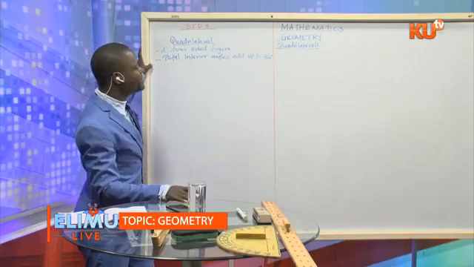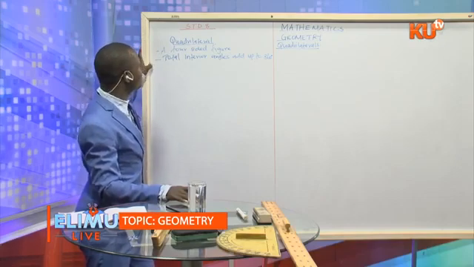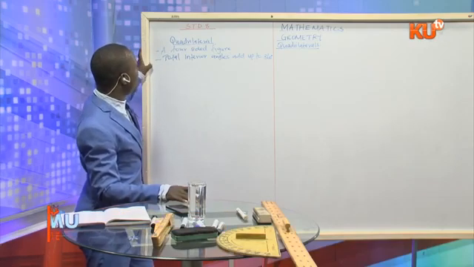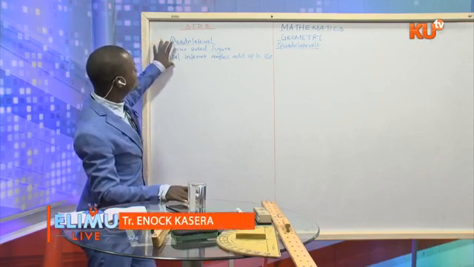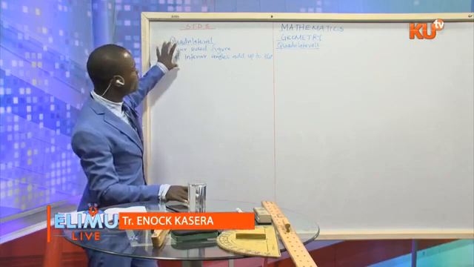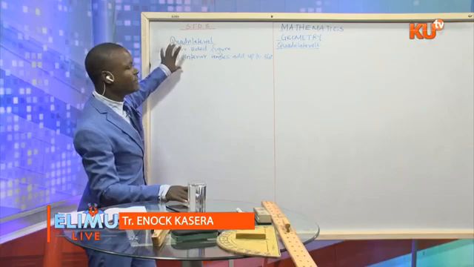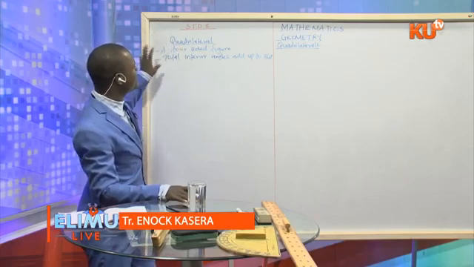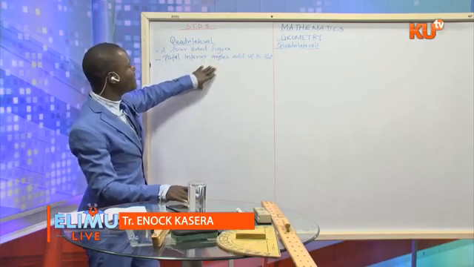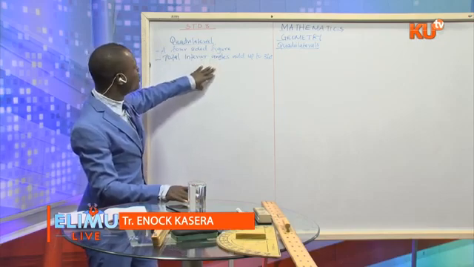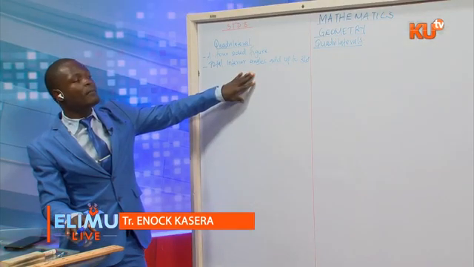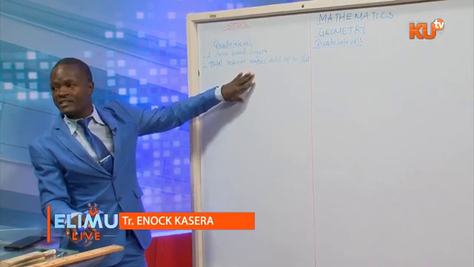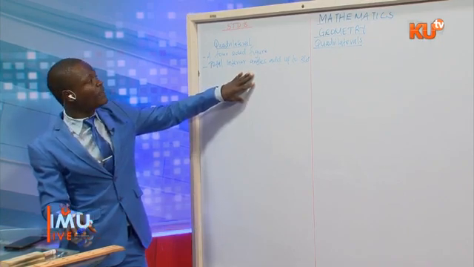So the two properties that I've given are the ones that the quadrilaterals I'm going to discuss here share. All those figures must have four sides. At the same time, the total interior angles must add up to 360 degrees.